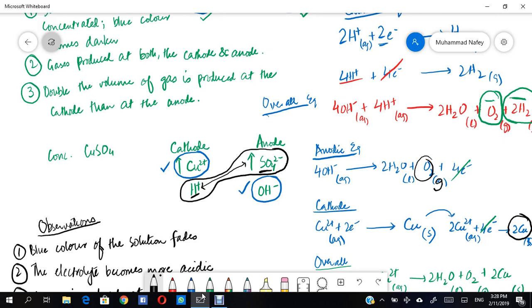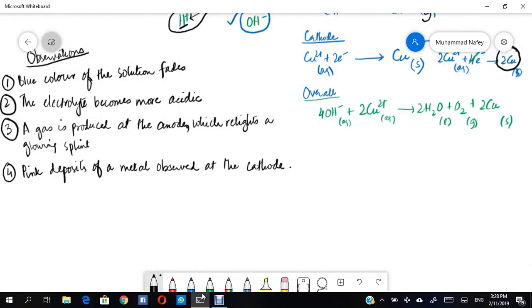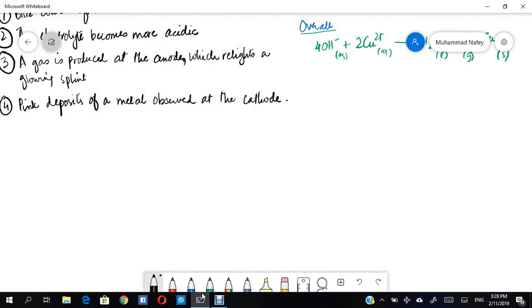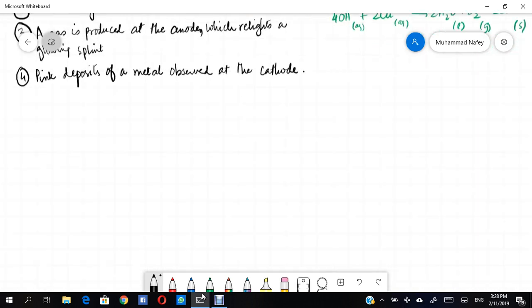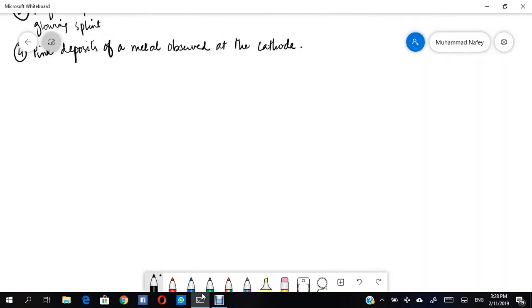Now let's do one last electrolysis, and this time we'll be using an acid as an electrolyte. So let's do the electrolysis of aqueous hydrochloric acid. Now I use the term aqueous here, and I told you that aqueous refers to concentrated. So what happens at the cathode is that hydrogen ions from HCl and hydrogen ions from water both move to the cathode.